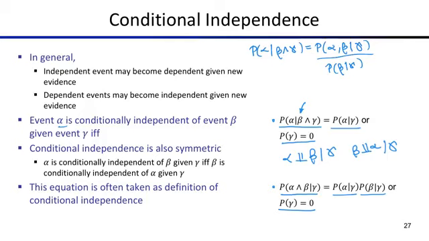But if we take the second definition, that's equal to the probability of alpha given gamma times the probability of beta given gamma, divided by the probability of beta given gamma. We can cancel these, and we have the probability of alpha given gamma, exactly what we have in this first equation.